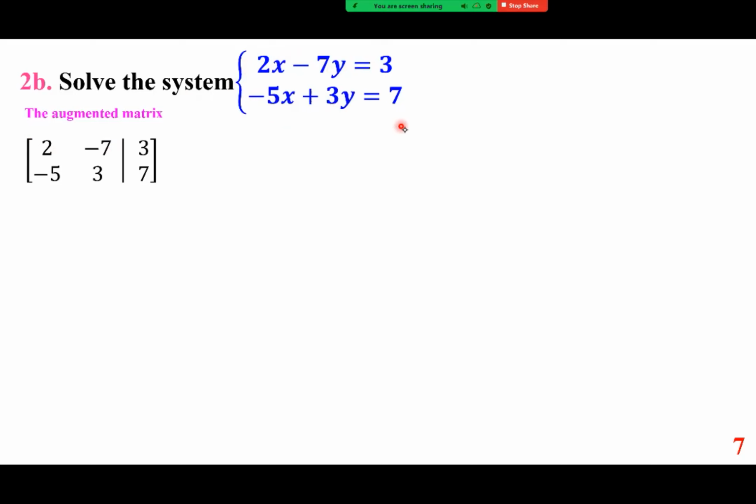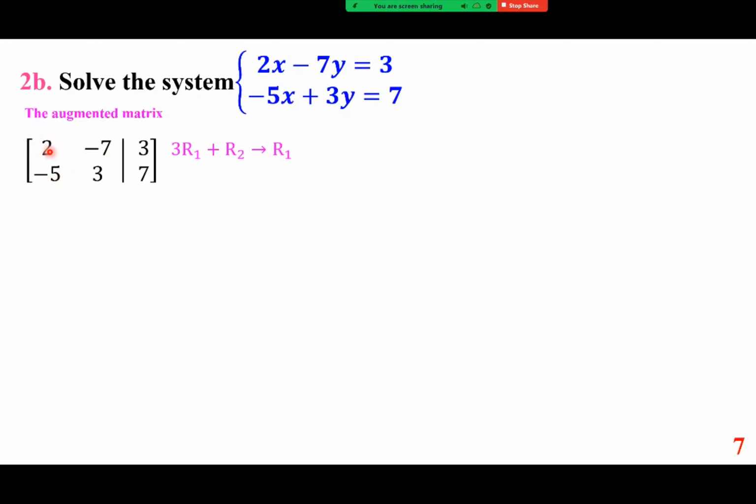Now, if we were to do it by hand, definitely it takes some time, but you should be able to do that. For example, I want to get a 1 here. I can divide the first row by 1, but if I want to avoid dealing with fractions, I can say, for example, if I multiply this one by 3 it becomes 6, and I add this one to it, it becomes 1. So 3R1 plus R2 goes to R1.